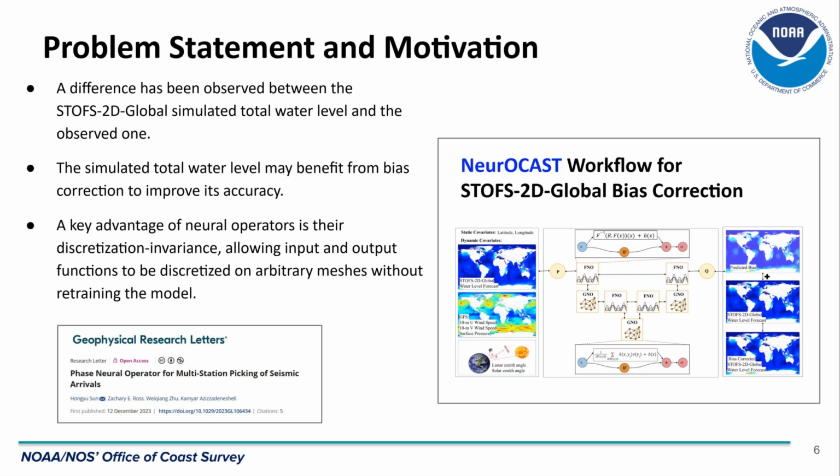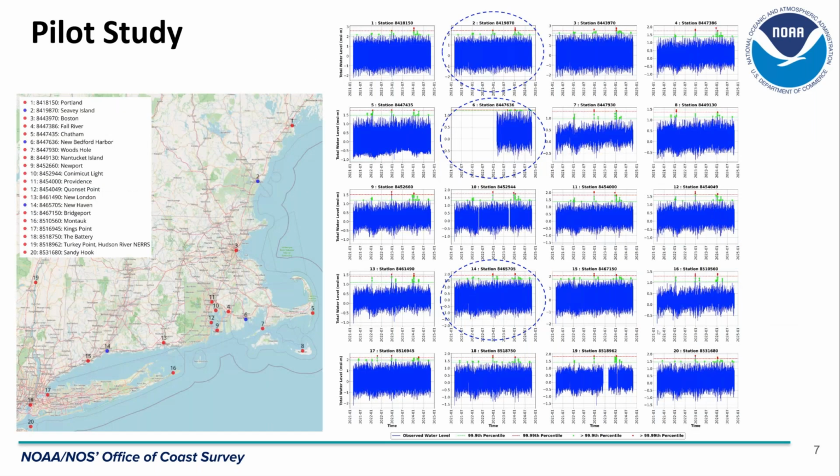But before that, to test the workflow, we looked into a specific region. We started with the Northeast United States. We had 20 stations, 22 CO-OPS stations at those locations. We picked those 20 stations, and we left 3 stations out for the testing, and we used 17 stations to train the model.